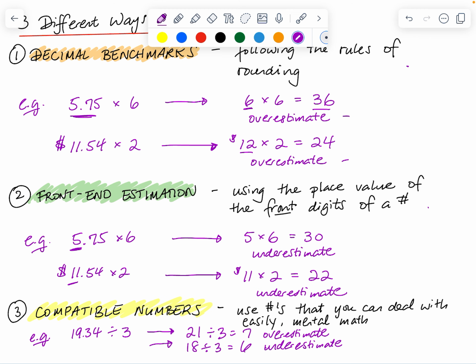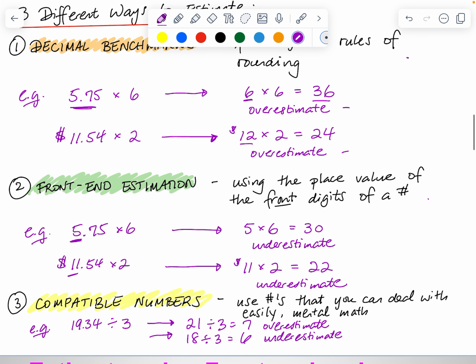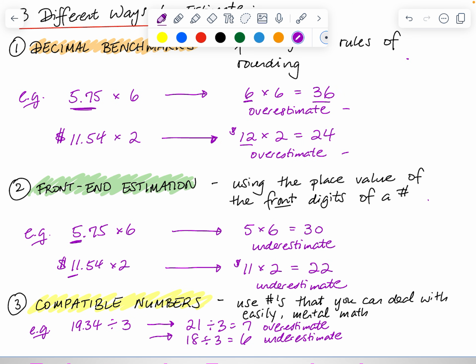You're just taking the front digit, okay, or digits. And finally, compatible numbers, which is the most flexible estimation strategy. So you're just using numbers that you can deal with easily. It emphasizes the use of your mental math. So again, with these 2, we're taking the closest number that's divisible by 3, that's closest to 19 and 34/100ths.